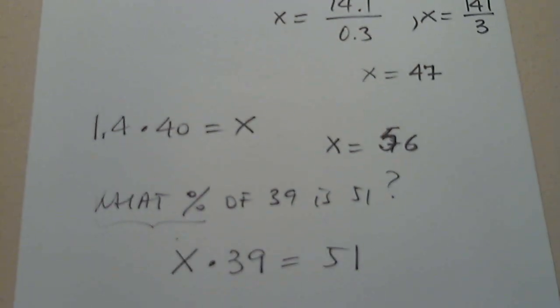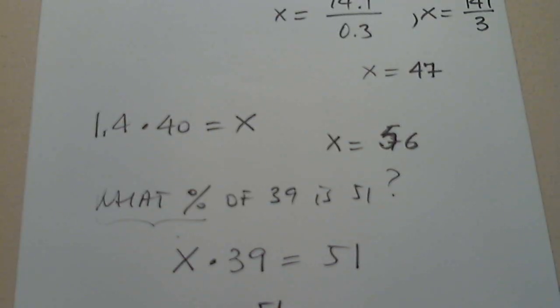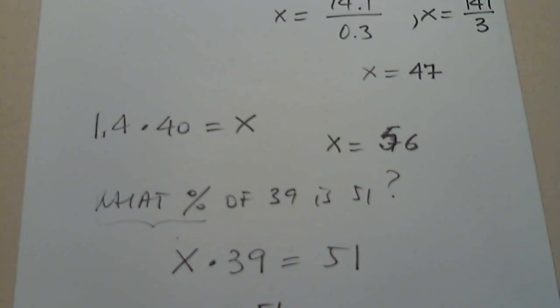So then x equals 51 over 39. I can simplify by 3 or directly divide to get 51 divided by 39, and I get roughly 1.31, or simply leave it in a fraction form. So x is approximately 1.31.